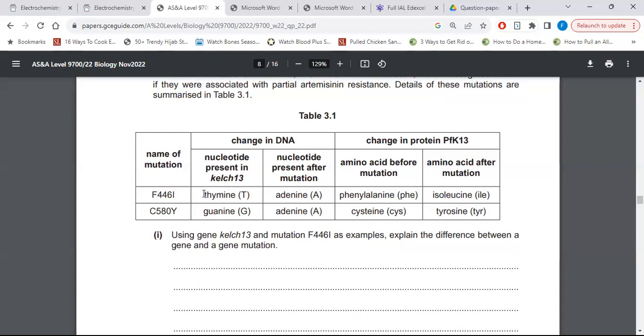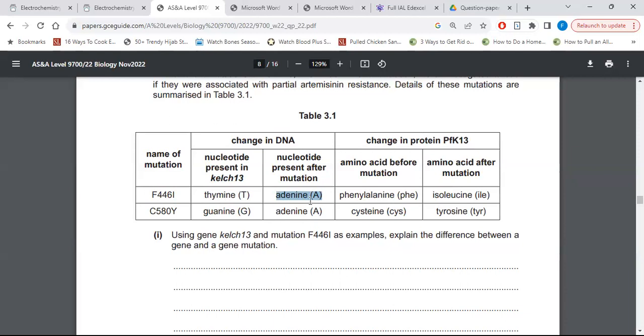When you're talking about mutation, you can say that in the mutation F4461, adenine is substituted for thymine. In the normal DNA, when we have normal Kelch13, it's thymine. The nucleotide after mutation is adenine, right? So the nucleotide has changed.